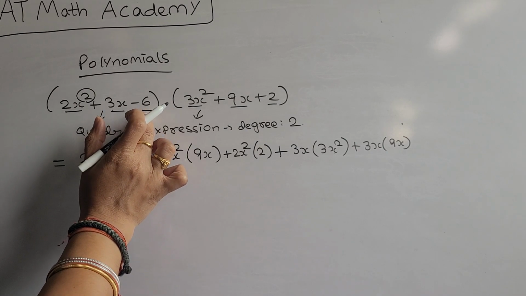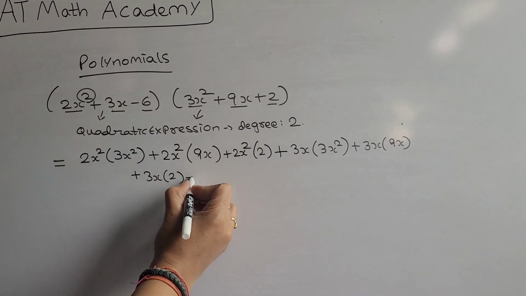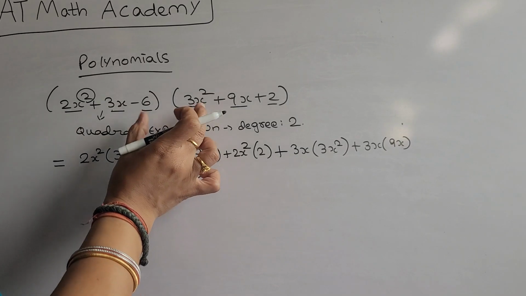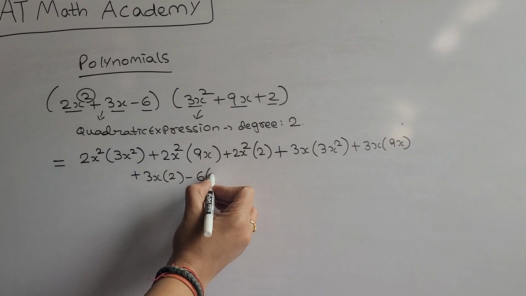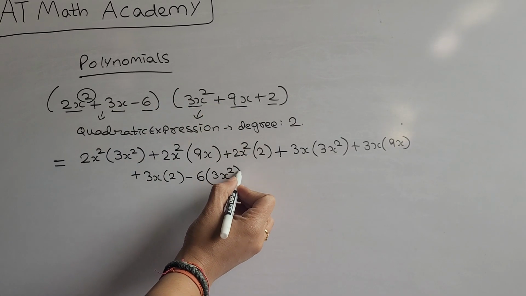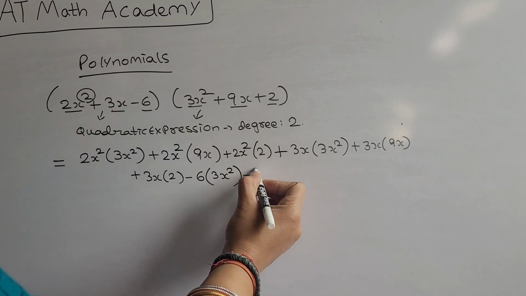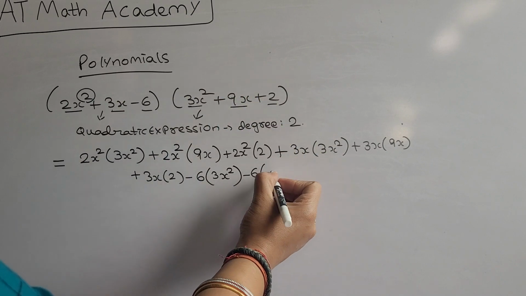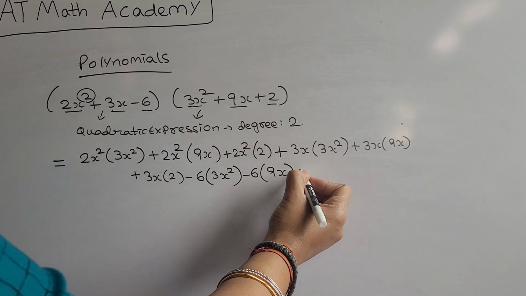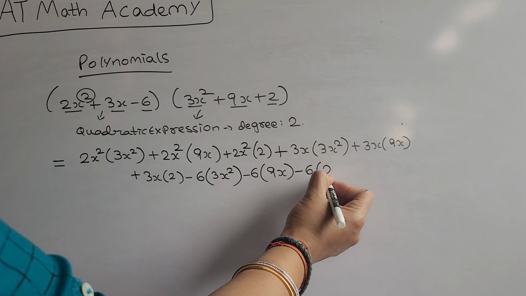And my last term here is -6, so minus 6 multiplied with the first term 3x², and again taking minus 6 and multiplying it with the second term 9x, and minus 6 multiplying it with 2.